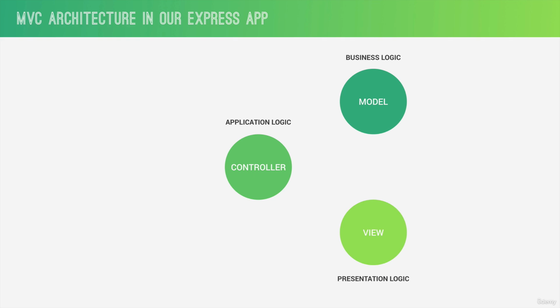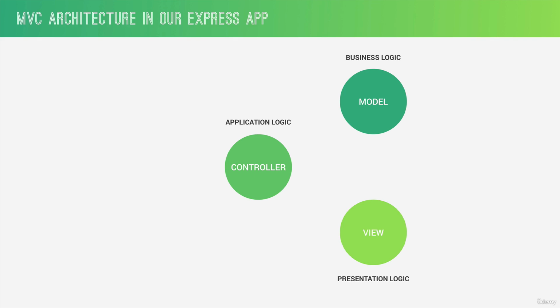In this case, the view layer consists basically of the templates used to generate the view, so the website that we're going to send back to the client. And that is the presentation logic. For now, we're just building an API though, so we're not really concerned about views just yet. That's for a bit later in the course.